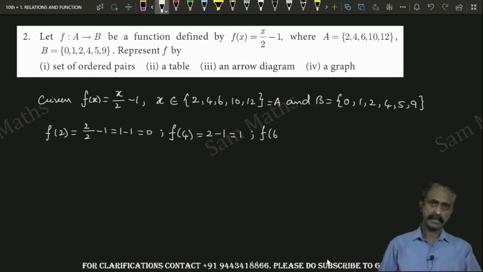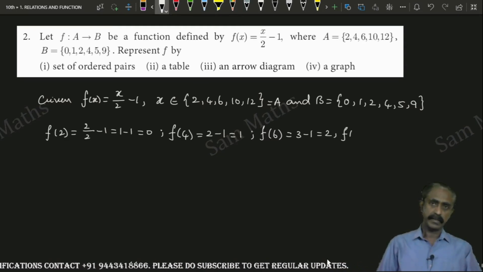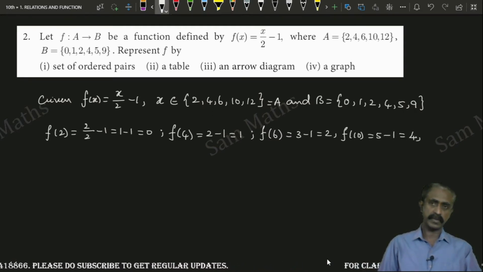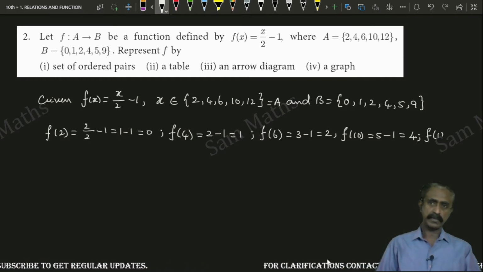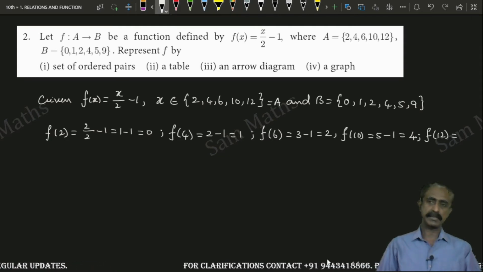Then f of 6, 6 by 2, that is 3 minus 1 is equal to 2. F of 10, 10 by 2, that is 5 minus 1, that is equal to 4. Next is f of 12, that is equal to 12 by 2, that is 6, 6 minus 1 is 5.